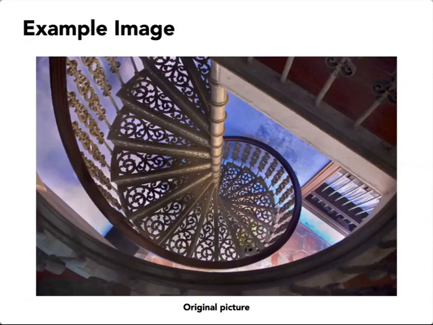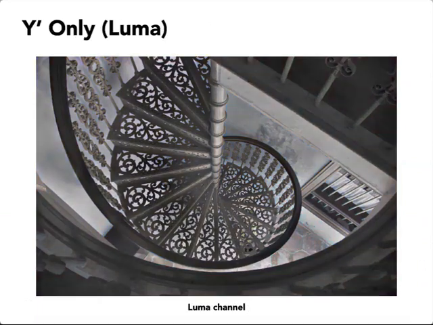Here's an example image, okay? Some staircase, in actually a pretty famous hotel in Malaysia called the Blue Hotel. The thing I want to show you is, if you look at only the Y prime, this is the luminance channel. Is it light? Is it dark? This is full resolution.